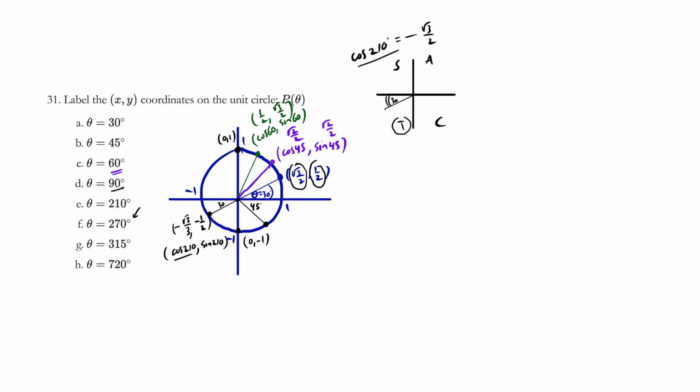Let's just use symmetry because we already solved cosine 45. So cos 45 is root 2 over 2. We have the same x value, so we have root 2 over 2. And the y value here was root 2 over 2. So when you flip it down, it's going to be negative root 2 over 2.